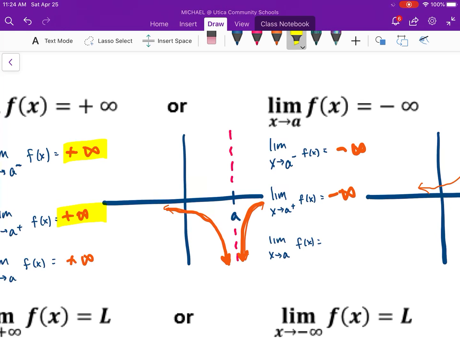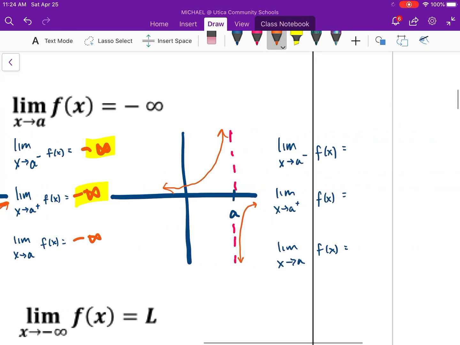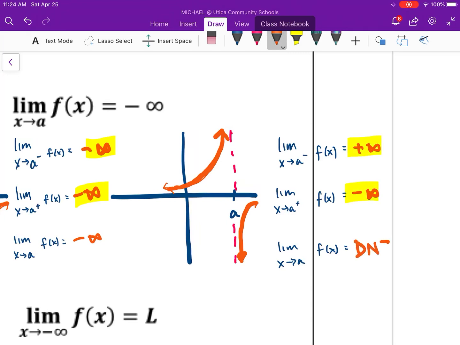And because, again, these two things are the same, the limit in general as x approaches a would be negative infinity. We have a third example where the limit as x approaches a from the negative side would be positive infinity. And the limit as it approaches from the positive side would be going down, which would be negative infinity. And because these two things are different, this limit does not exist.